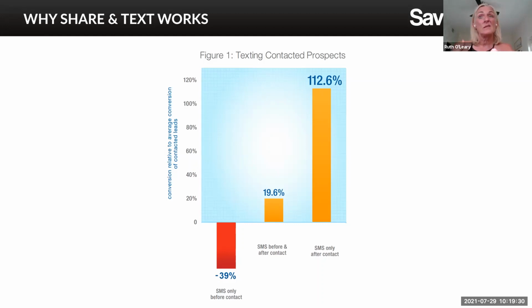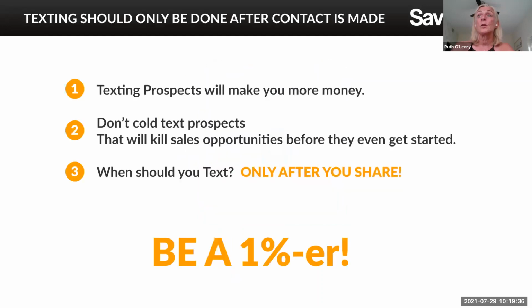It just annoys us. You decrease the likelihood of doing business with somebody by 39%. So texting should only be done after contact is made. It will absolutely make you more money. There's no doubt about it. You shouldn't cold text people. You'll kill an opportunity before it even begins.